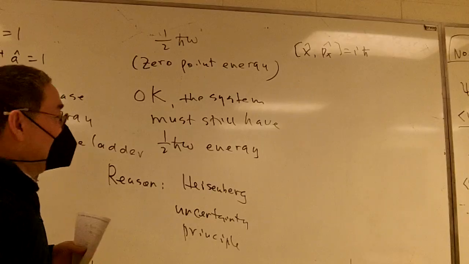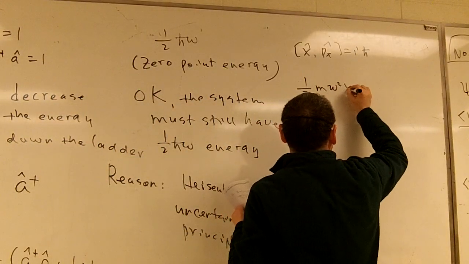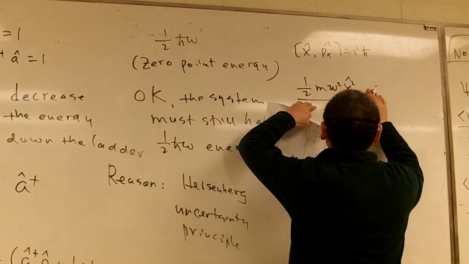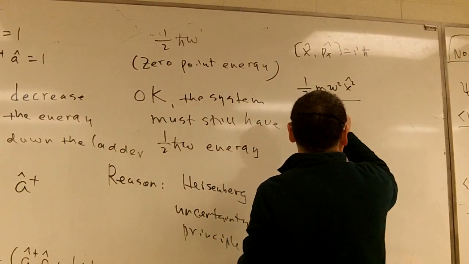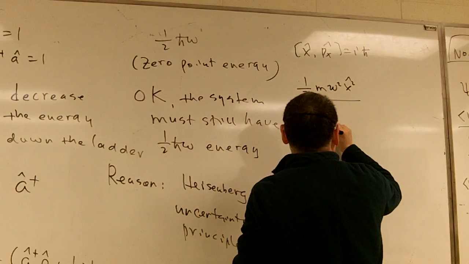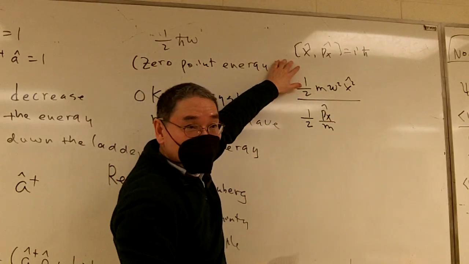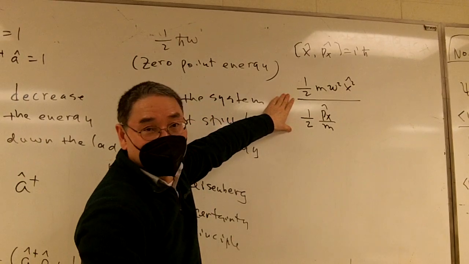Now, if at one time your kinetic energy is smaller, and omega squared x squared is the potential energy. Now, kinetic energy in this part. So in other words, when they do not commute, you cannot get these all equal to 0.